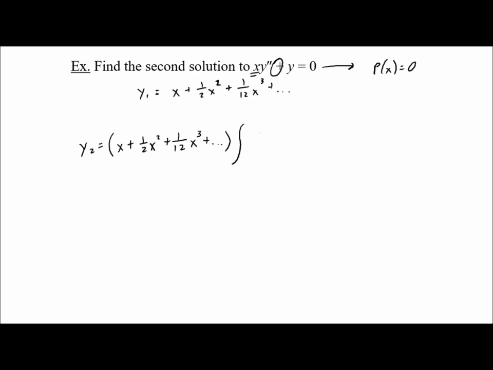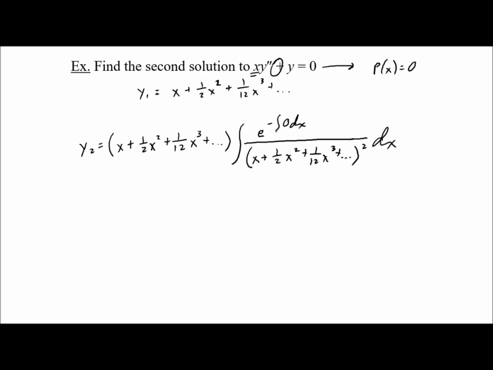Integral e to the negative integral of p of x, which was 0, over y1 squared dx. Oh, boy.